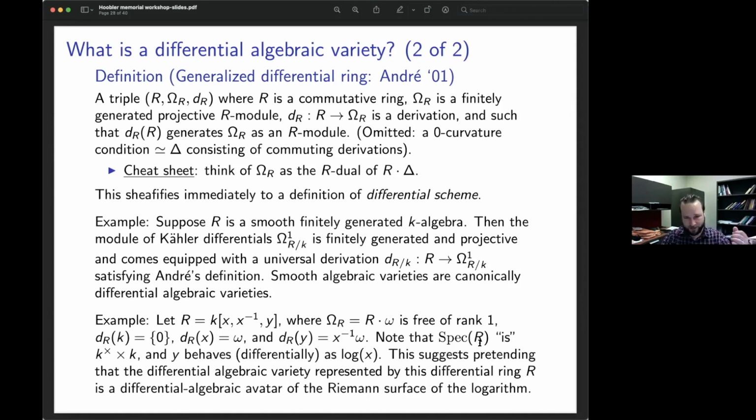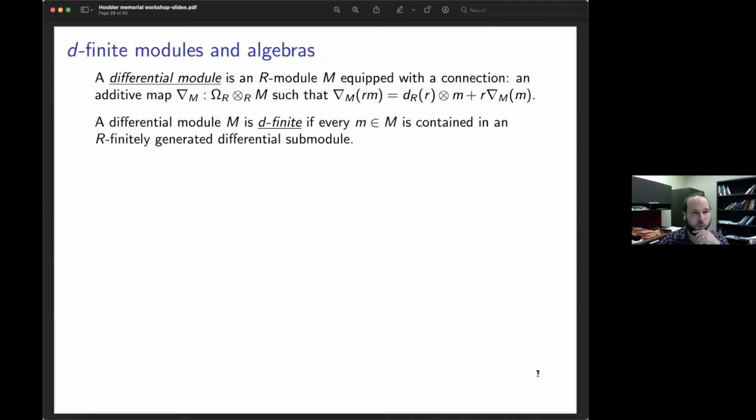The point is that the differential variety associated to this ought to be thought of as some differential algebraic version of the Riemann surface for the logarithm that I didn't have access to before in a purely algebraic context. Now, if you allow differential schemes, suddenly you also, in some sense, have access to infinite covering spaces for things.